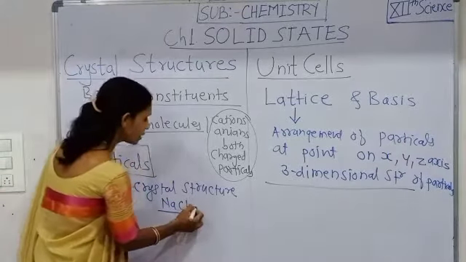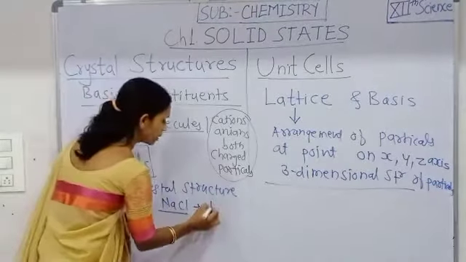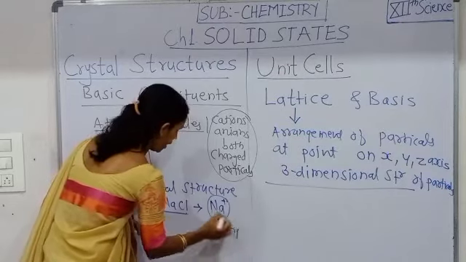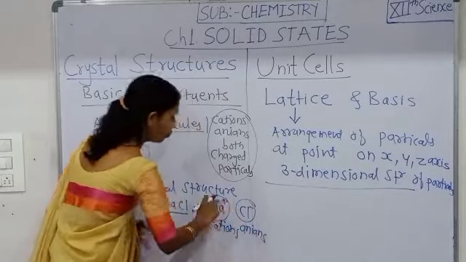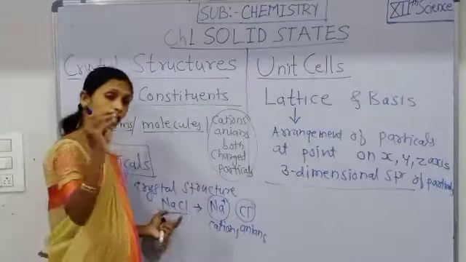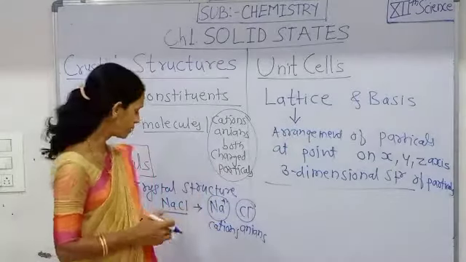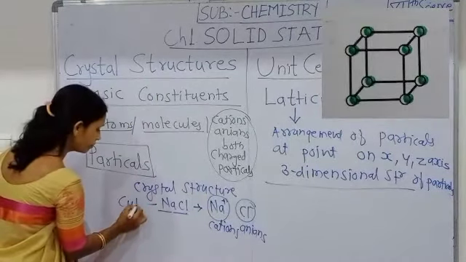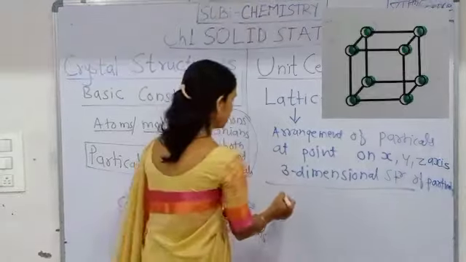The basic constituents of sodium chloride, that is common salt, are Na+, the cation, and Cl−, the anion. Both charged particles, cations and anions, are present in the three-dimensional structure of the NaCl lattice. The NaCl lattice is of cubic type. All of you have studied cubes.